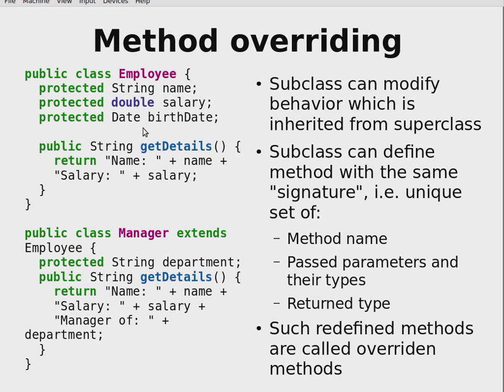So if you extend Employee to Manager, you already got the implementation of the getDetails method, and if you are happy with this, you just use it. But if you are not happy with this, you need some added complexity, you may override it and say something like a more complicated structure here.